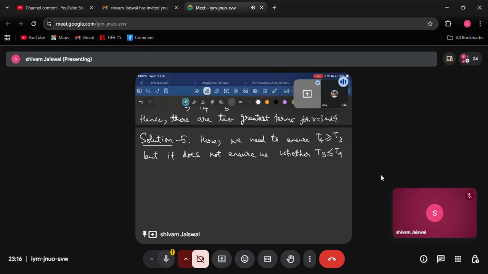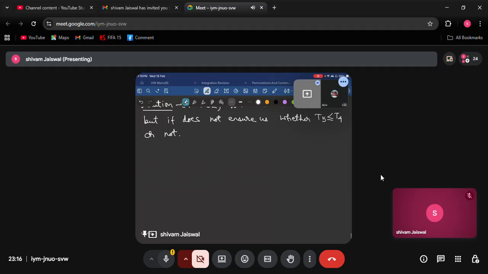Are people getting? So over here we have to solve two inequalities. That is, T4 must be greater than or equal to T5, and T4 must also be greater than or equal to T3. Is it clear to everyone? There are three inequalities we need to solve.